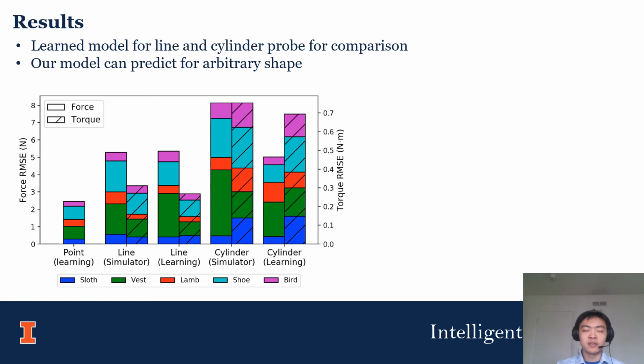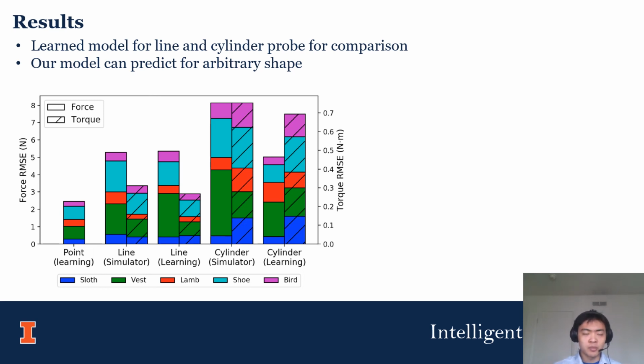To quantitatively see how accurate the prediction is, we also learned models for the line and cylinder probes for comparison in the same fashion as how we learn the point interaction models. Note that we only collected data for the probes when the main axis is aligned with the normal, so we didn't actually rotate the probes in different orientations, which would make the learning process much harder because you have more input dimensions.